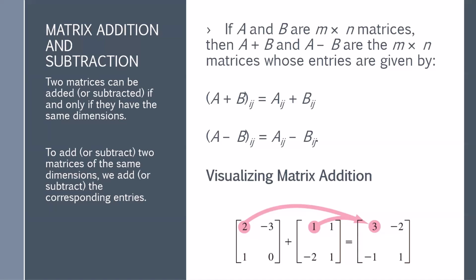So in the example here, 2 plus 1 is 3. So adding the components in the 1, 1 position of each matrix gives us the sum of 3. Next, we'll add negative 3 to positive 1 and get 2. We'll add 1 to negative 2 to get negative 1. And we'll add 0 to 1 to get 1.